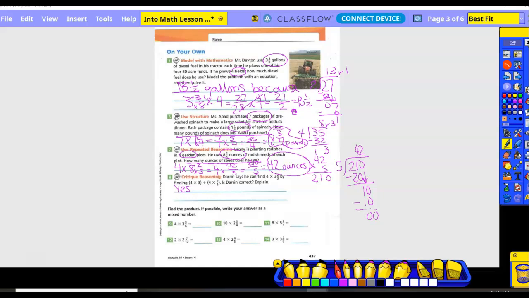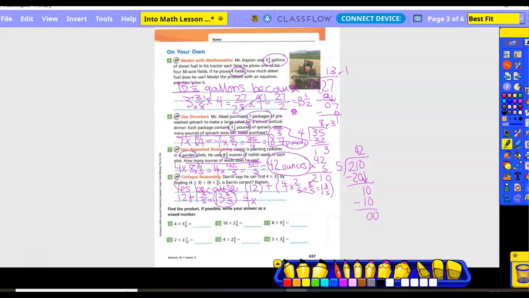So yes, because what is 4 times 3? 12 plus, if I would take 4 over 1 times 2/5, what do I get? 8/5, right guys? Which equals what? 1 and 3/5. And so if I added 12 plus 1 and 3/5, what do I get? 13 and 3/5, right? Okay, so let's see if we work this.